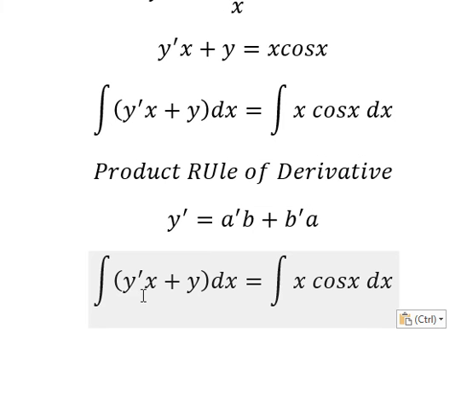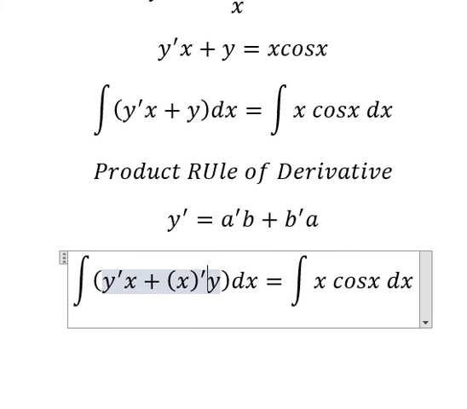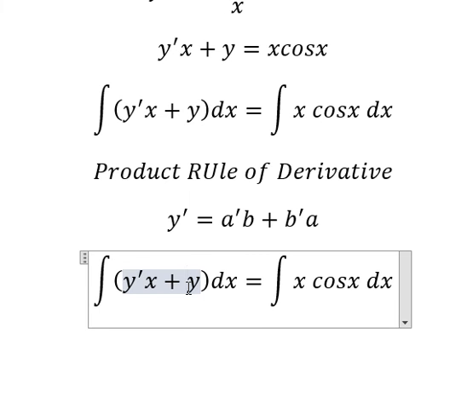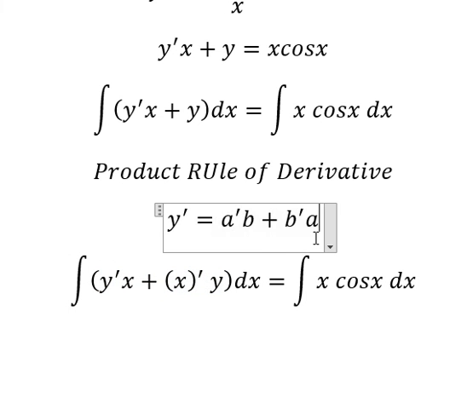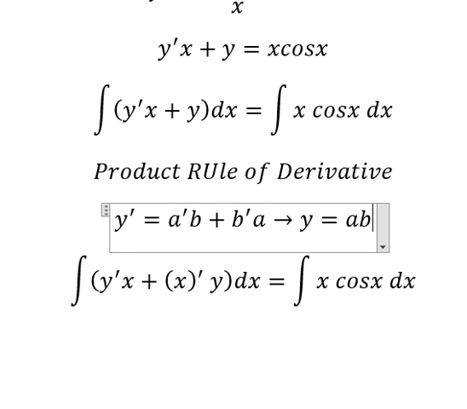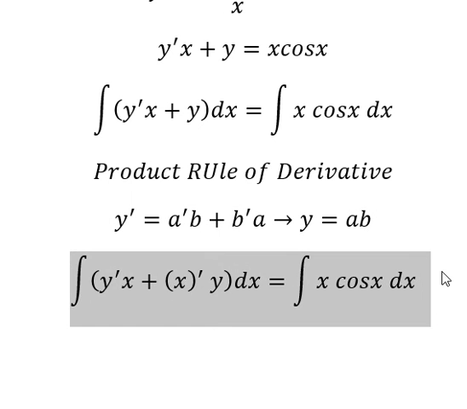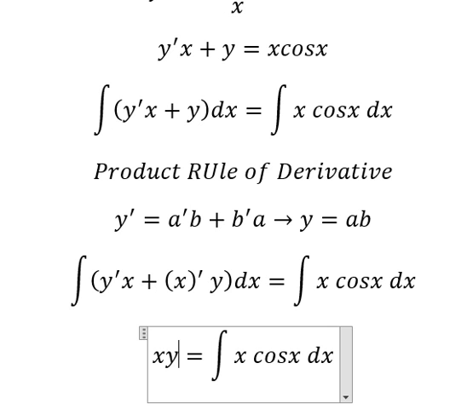So we have the first derivative of a multiplied by b. This one we have the first derivative of b. That's why we have the number 1 in here, multiplied by a. The integration of this one we have y equals ab. So the integration of that one we have sy.